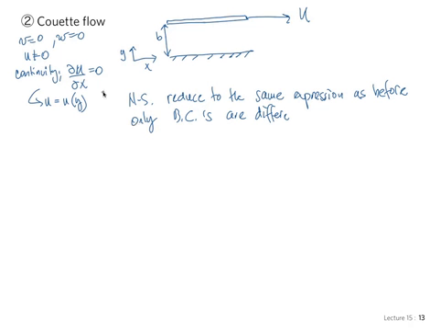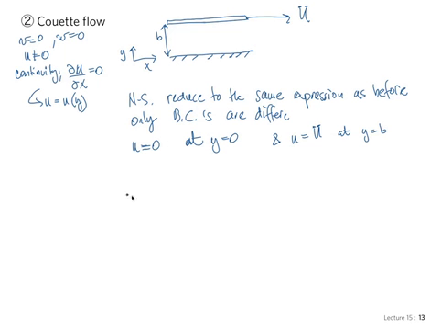So boundary conditions are different. We have that the velocity has to be equal to 0 at the bottom wall, of course, because there's no slip. So velocity is equal to 0 at y equal to 0. And of course, the velocity at the top has to be equal to the velocity of the plate. So u is equal to, let's use a capital U, let's see if I can differentiate between the two, U is equal to capital U at y equals b.